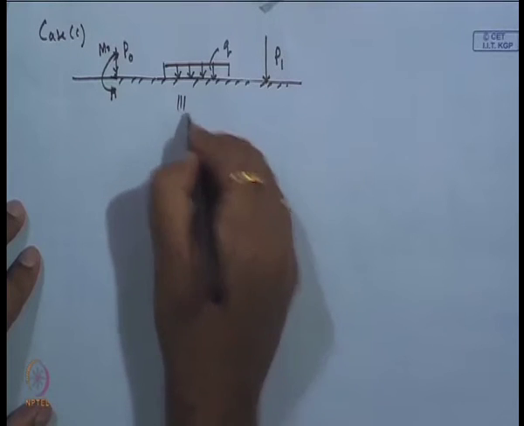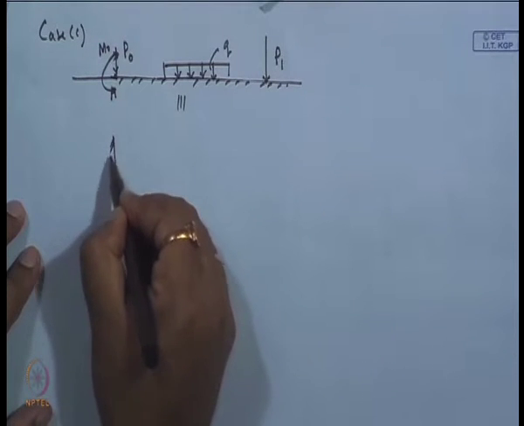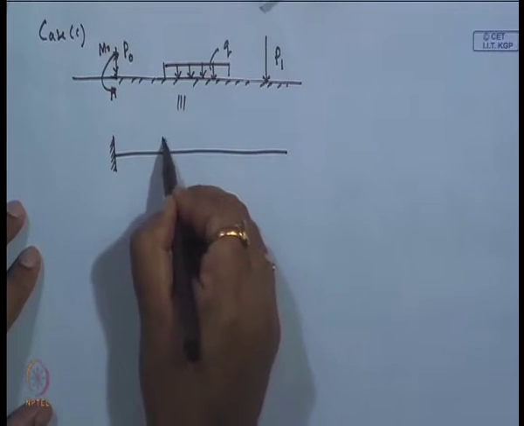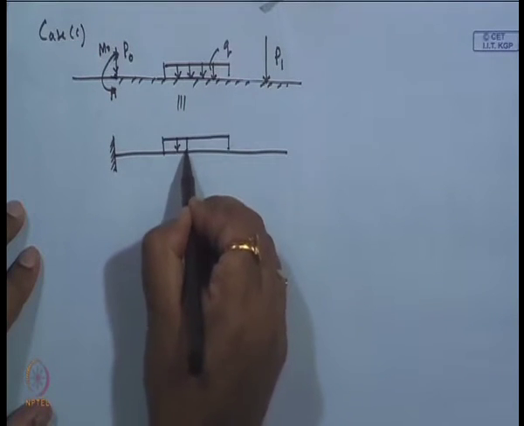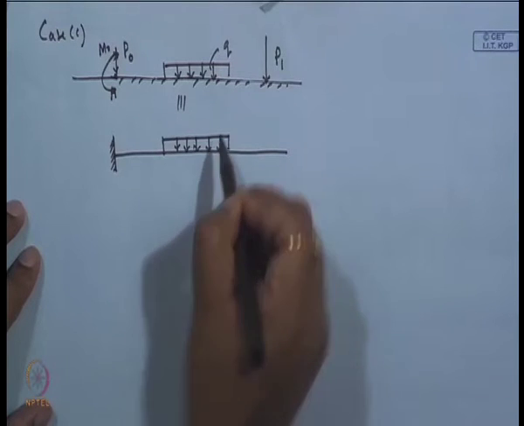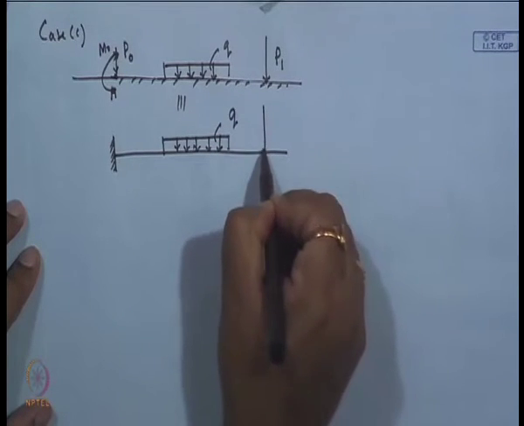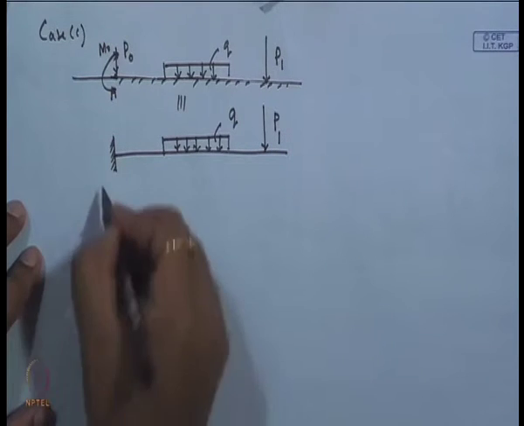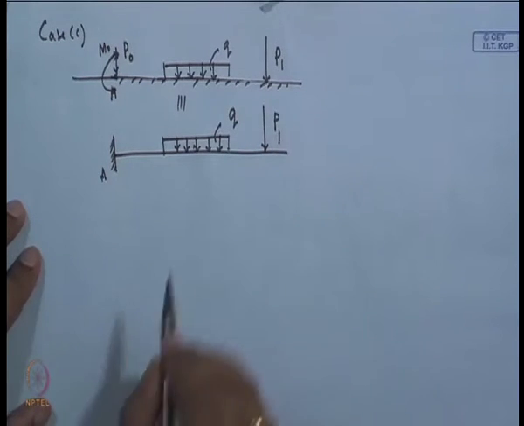That is equivalent to a fixed end beam or semi infinite beam, and this is Q, this is point A, and this is P 1.